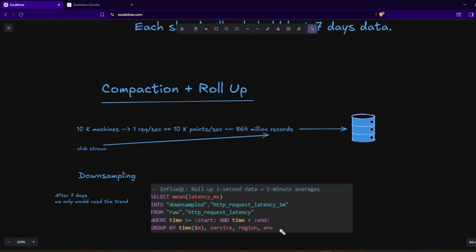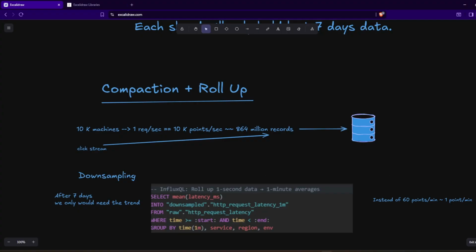So the core component is, instead of 60 points per minute, the one that we had for each request per second, which means 60 data points getting created, instead of 60 points per minute, it is becoming 1 point per minute.